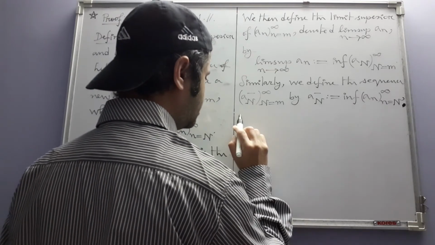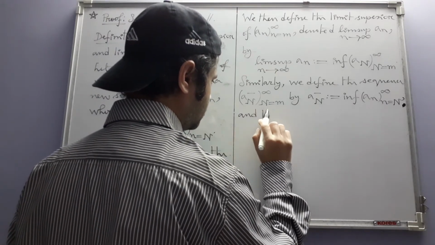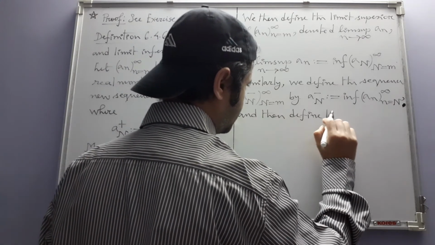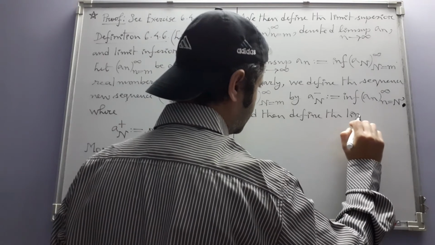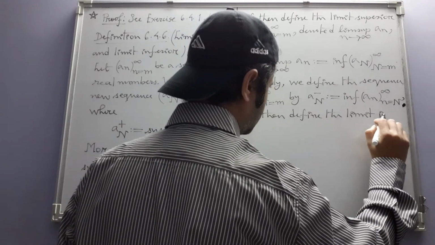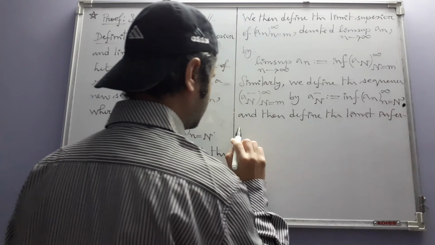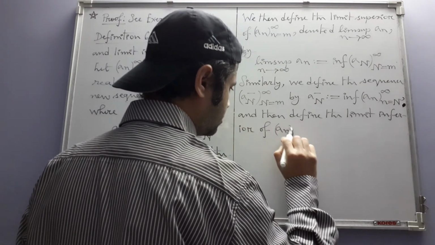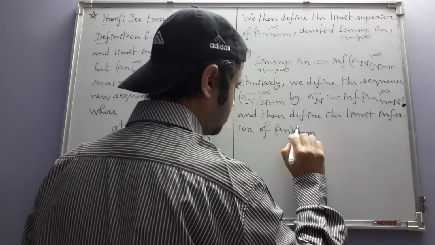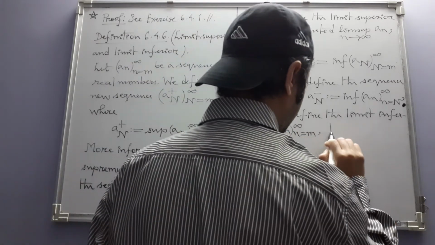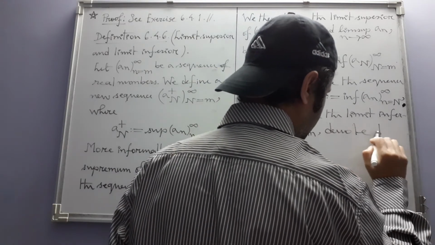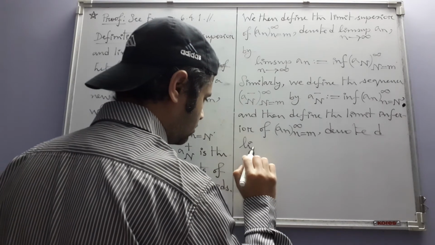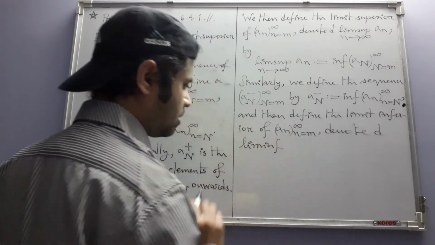Define the sequence like this, and then define the limit inferior of the original sequence, denoted like this: liminf.